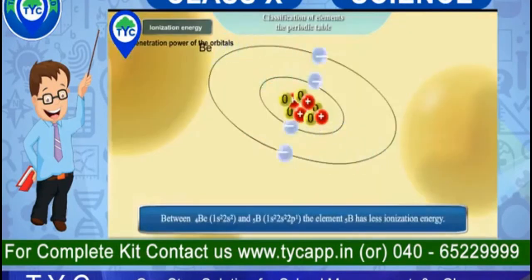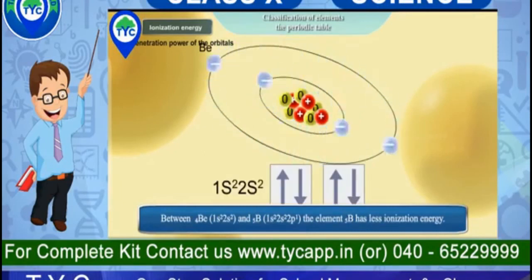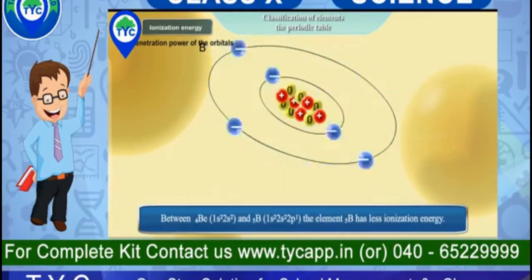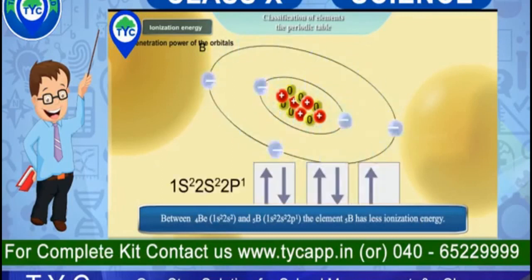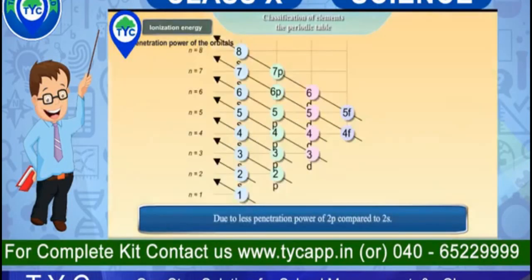Between 4Be, that is 1s2, 2s2, and 5B, that is 1s2, 2s2, 2p1, the element 5B has less ionization energy due to less penetration power of 2p compared to 2s.